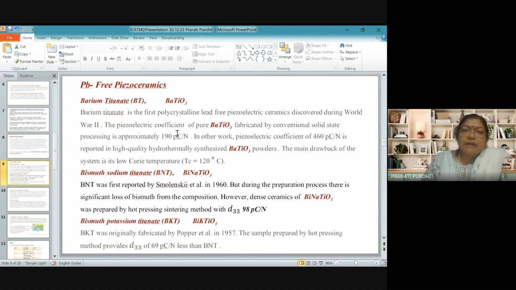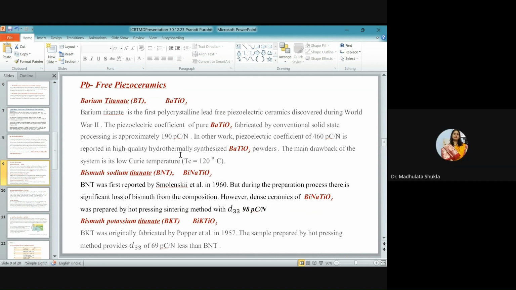The piezoelectric coefficient of this BaTiO3, synthesized by the solid state synthesis method, was found to be 190 picocoulomb per Newton. In other work, a piezoelectric coefficient of 460 picocoulomb per Newton is reported when it is synthesized by the high quality hydrothermal method.